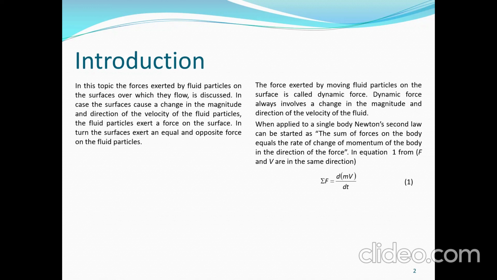So in equation 1, F and v are in the same direction. So the summation of F is equal to the derivative of mv over t. Okay? Here the mass is in kilograms, for example.